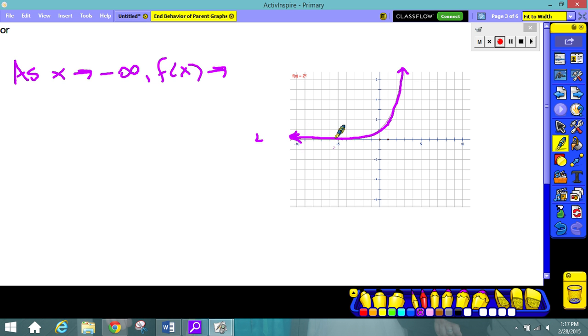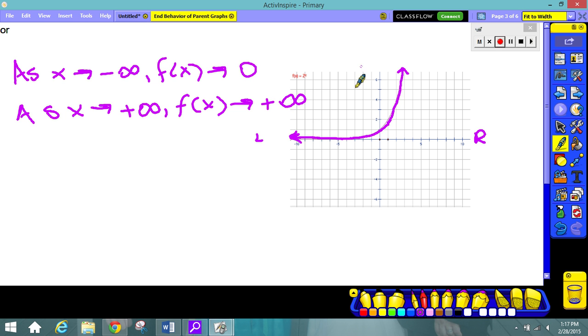We can't say negative infinity, it's not pointing down. But what value is this line approaching? It's approaching 0. On the right-hand side of our graph, as we travel to the right, we clearly see we are pointing up. So let's describe the right as x is approaching positive infinity, f of x is approaching positive infinity. Okay, so a little bit different because it's approaching 0.